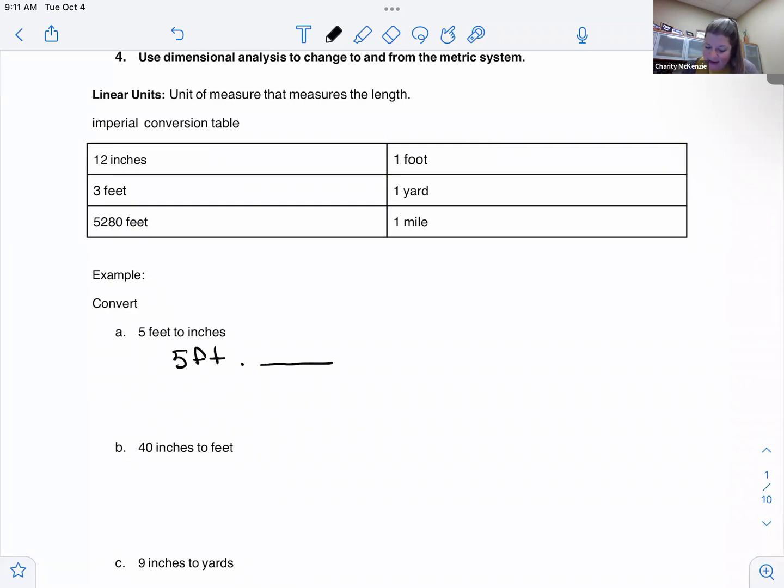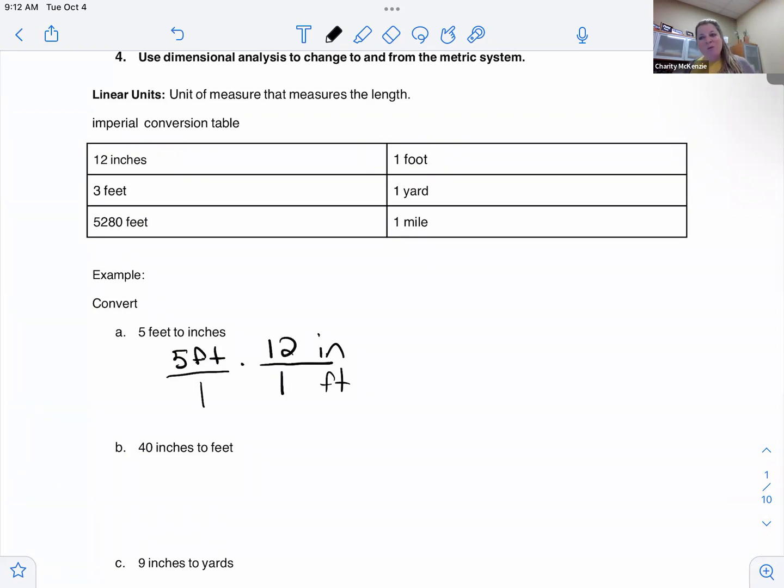We know there are 12 inches in 1 foot. When you do the conversion, you want the feet to cancel. So the feet go here, and your goal, which is inches, goes here, so that the feet cross cancel away. You can think of this as over 1. Then you just put in the relationship: there are 12 inches to 1 foot.